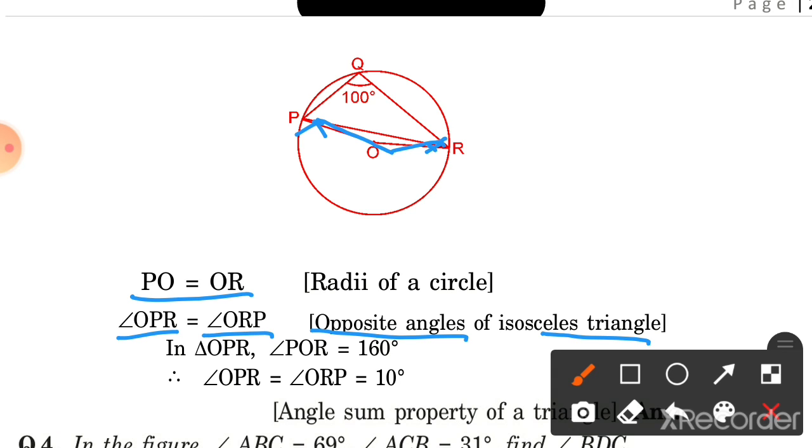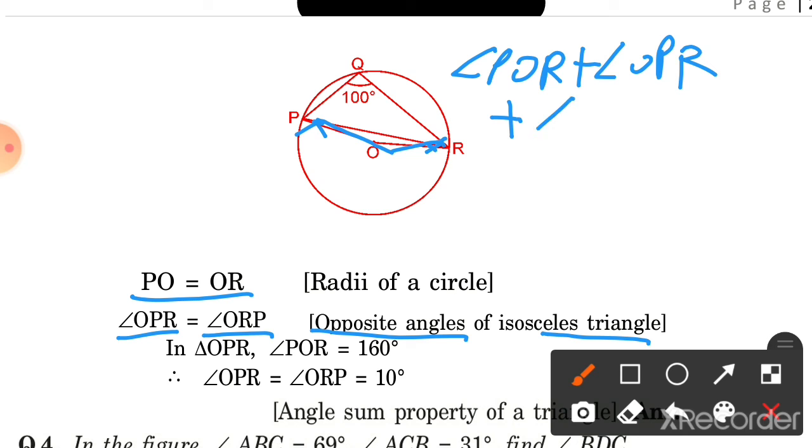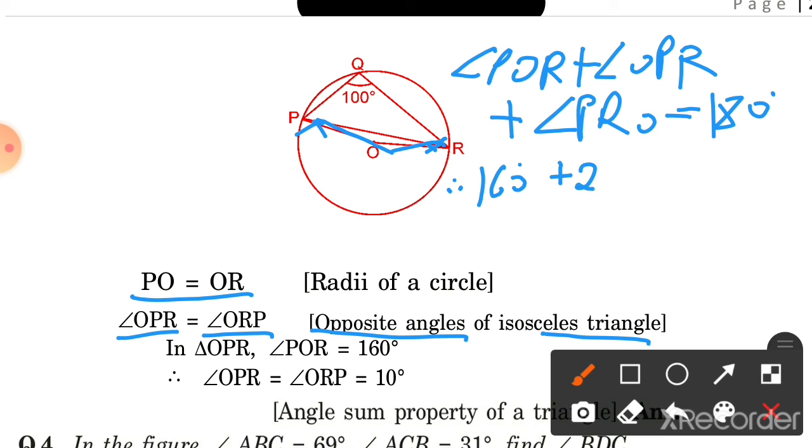So now by using the angle sum property, we can say that angle POR plus angle OPR plus angle PRO is equal to 180 degrees. Therefore 160 degrees plus 2 multiplied by angle OPR is equal to 180 degrees.